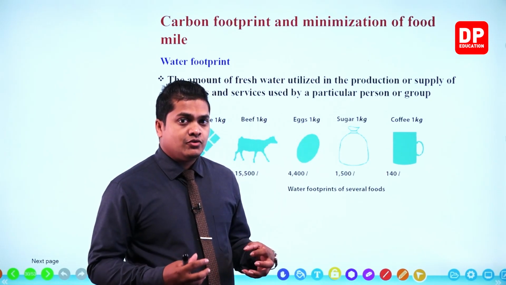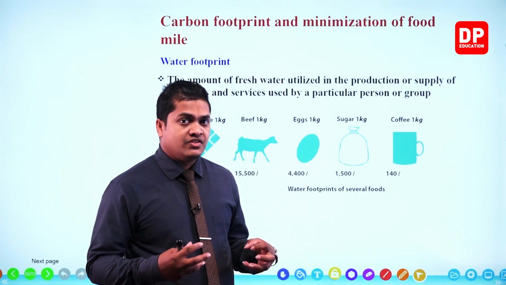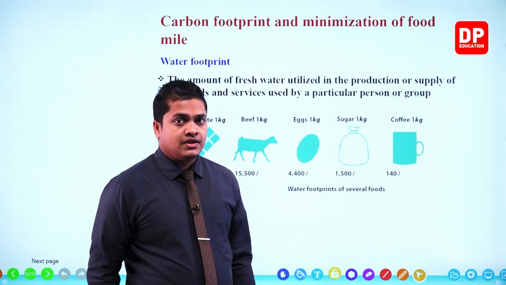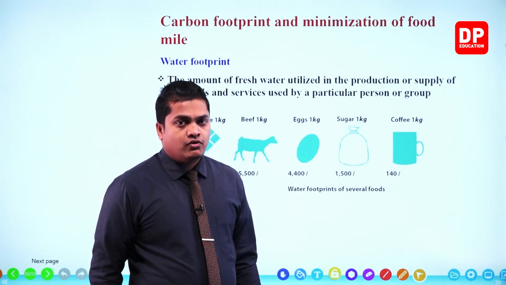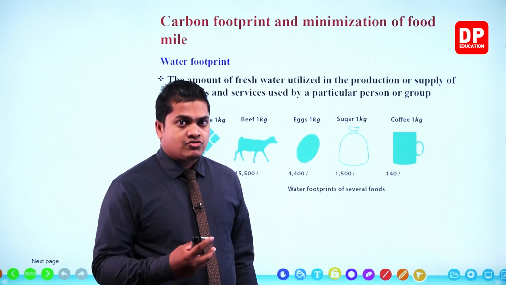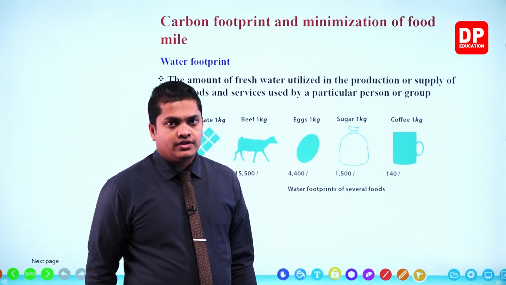When developing tissues and flesh, my dear children, a large amount of water is utilized by this particular animal. So therefore, to create 1 kilogram of this flesh, 15,500 liters of water is required.